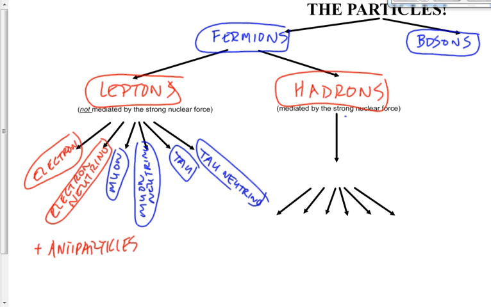These are the ones that we're really concerned with, though: the electron and the electron neutrino, which is the only neutrino that we've learned about, and then the positron and the electron antineutrino. Those are fundamental particles. As far as we know, it doesn't get any smaller. It doesn't get any more fundamental.